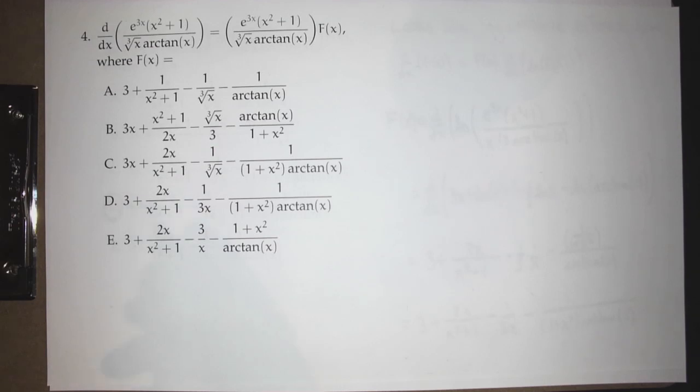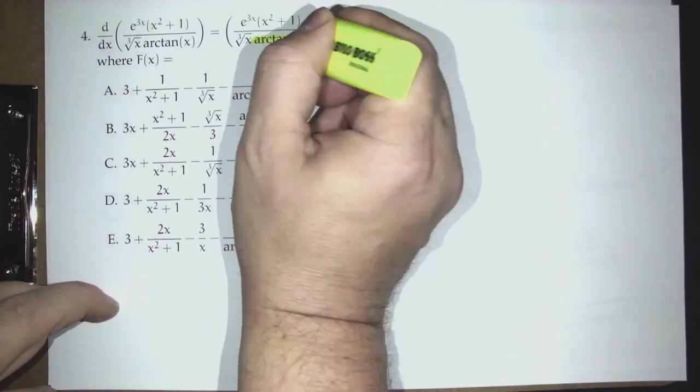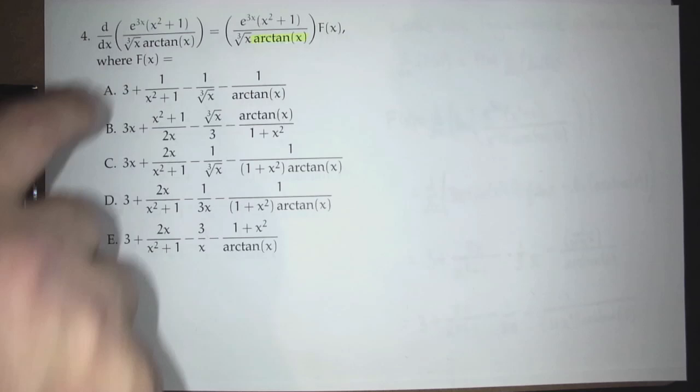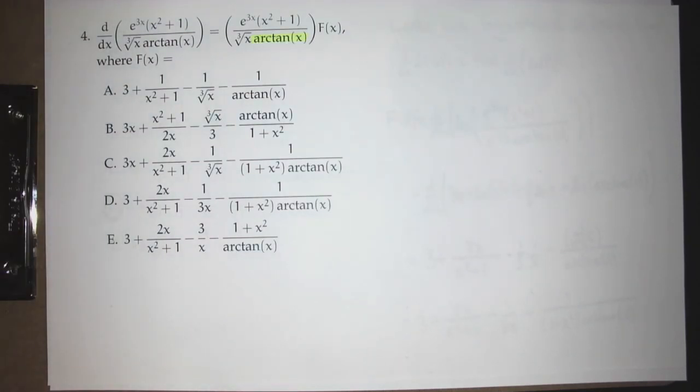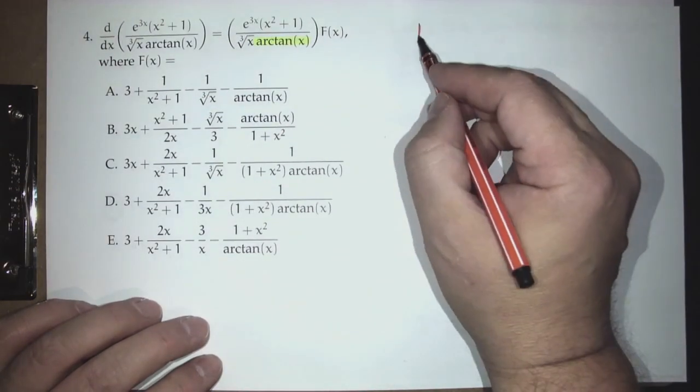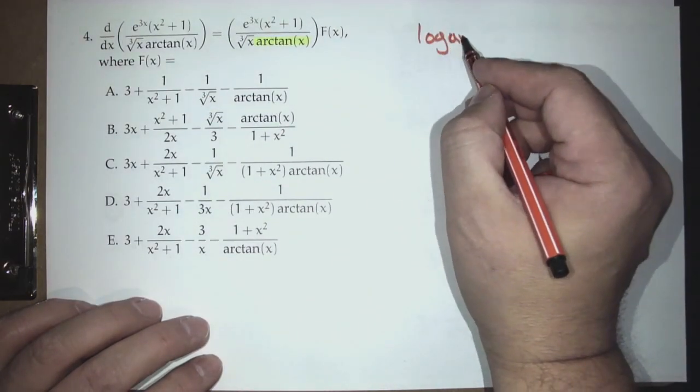One thing we're trying to test you on is arctangent, because who doesn't love a good arctangent? That's something that was new since the last exam. But what else? When you see a lot of stuff going on like this, what's the technique? Logarithmic differentiation. So this is testing us on our logarithmic differentiation.